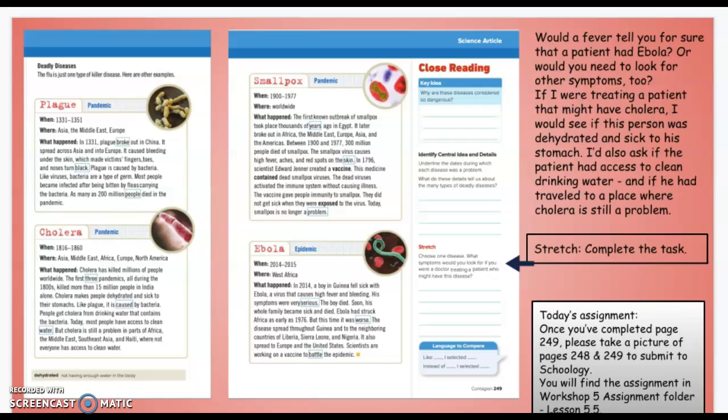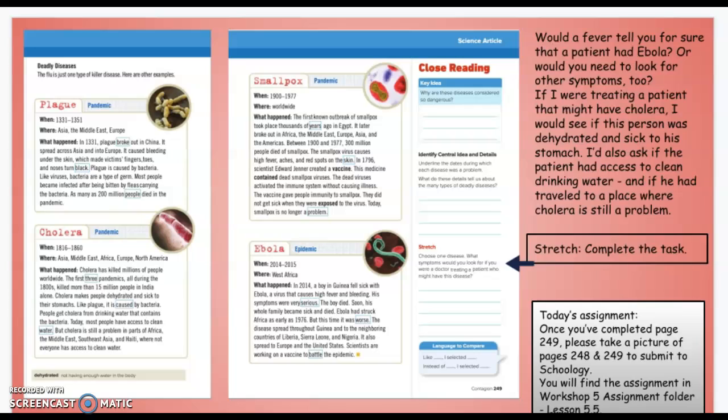Now I want you to think about, would a fever tell you for sure that a patient had Ebola? Or would you need to look for other symptoms too? So if I were treating a patient that might have cholera, I would see if this person was dehydrated and sick to his stomach.